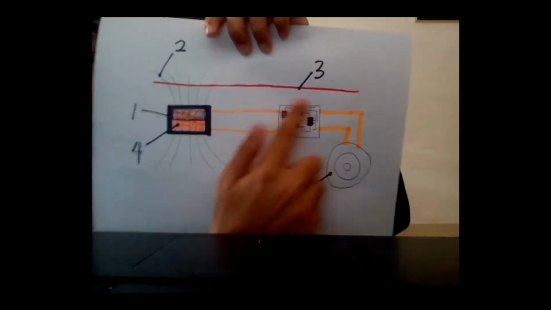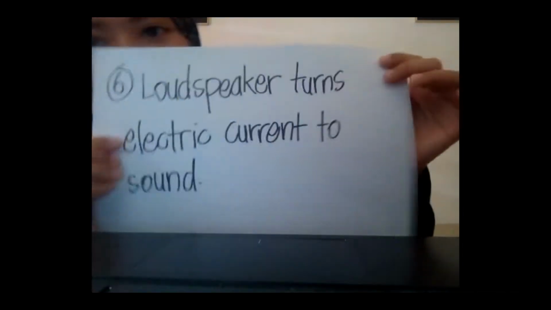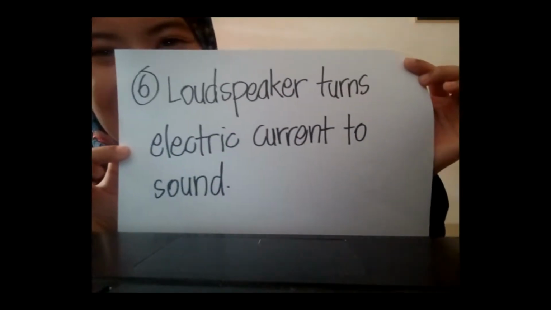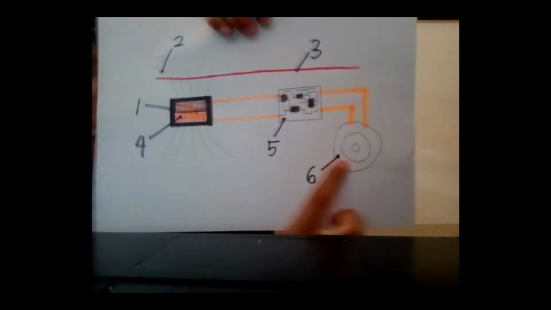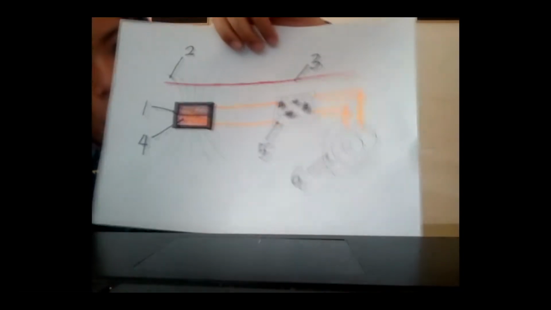This is the amplifier. Sixth, the loudspeaker turns electric current into sound. So this is the loudspeaker, which turns electric current to sound.